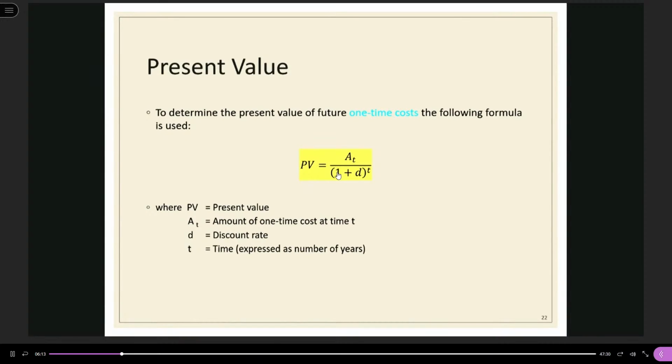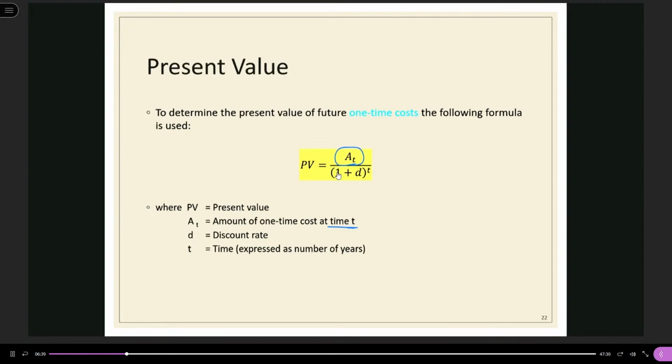Okay, to determine the present value of future one-time costs, the following formula is used. This is just the formula for compound interest, right? A_T is the amount of one-time costs that you need to pay at the Tth year.